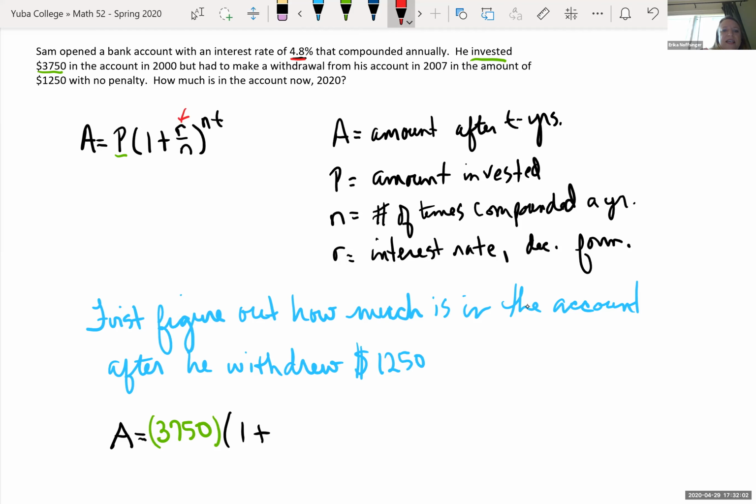So we're going to put this as 0. It has to be in decimal form. So move that decimal over 2 places to the left. So 0.048. It tells me it's compounded 1 time, or annually. So that's just 1 time a year.